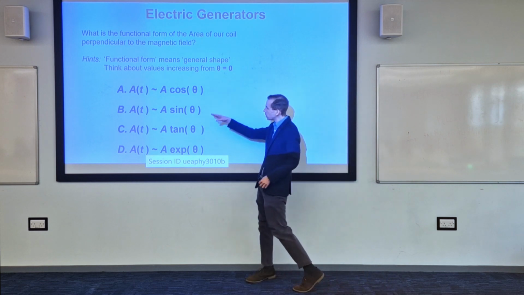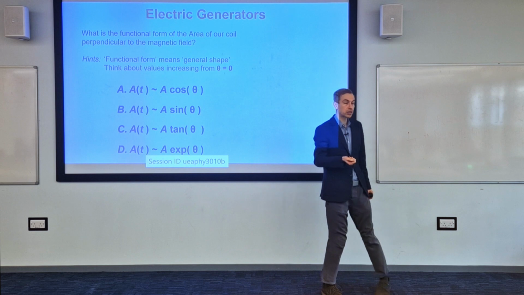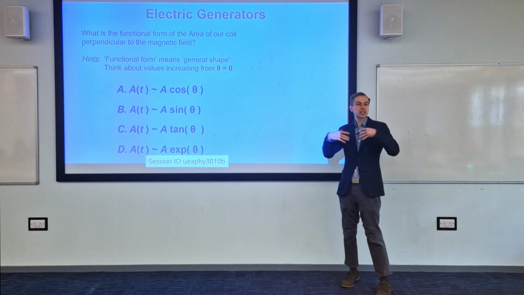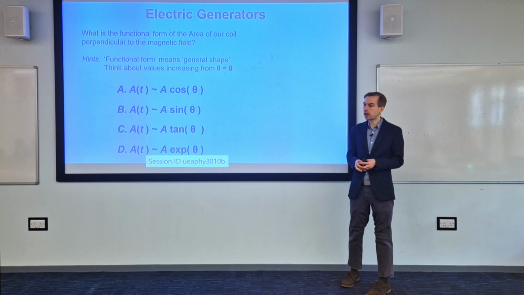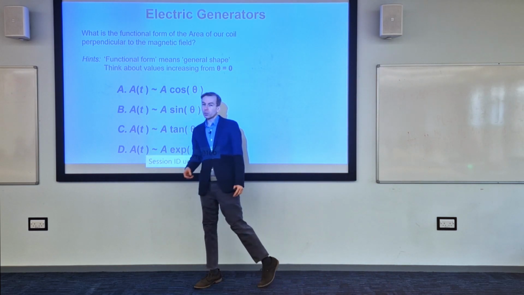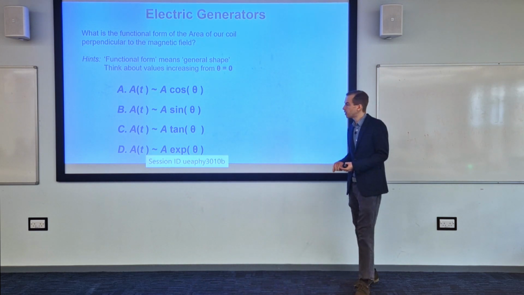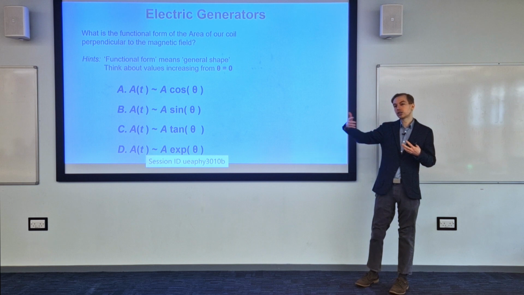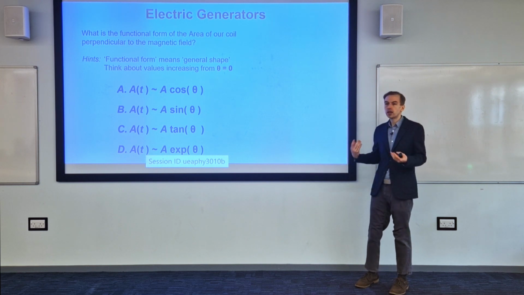This is actually a very important concept, especially physicists, we like to think about this a lot. So maybe we don't know exactly what the equation is for our area versus time. So, none of these are equalities. But what we're just interested in is what's the basic relationship between how we're changing with time and the thing we're observing. That's what we mean by functional form.